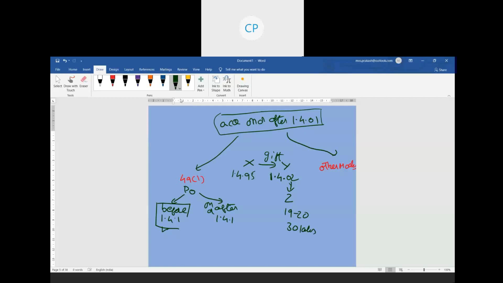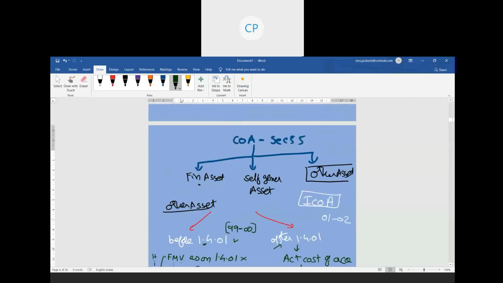Now we need to determine the cost of acquisition. Here, Y's cost of acquisition is 0. Whenever the asset is acquired after 1st April 2001, what is the cost of acquisition? We discussed this here. Actual cost of acquisition should be considered as your cost of acquisition.